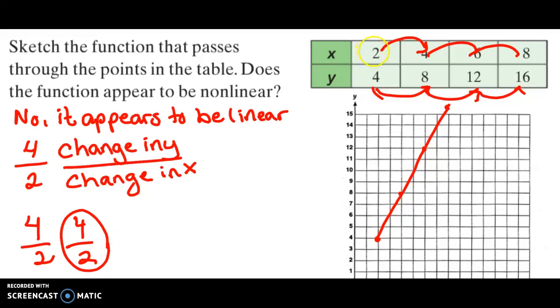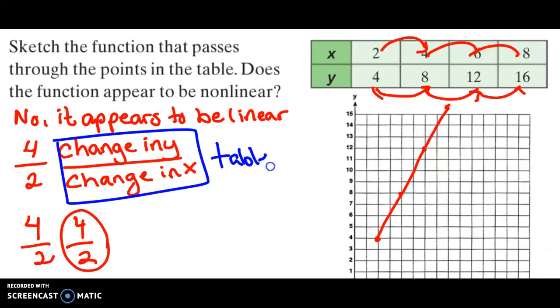For proportional, you're just looking at x to y, so you're looking at 2 to 4, 4 to 8, 6 to 12, and 8 to 16. For linear, you're looking for the change in y compared to the change in x. So make sure that you have that written down. This is for a table. Make sure that you have that in your notes.